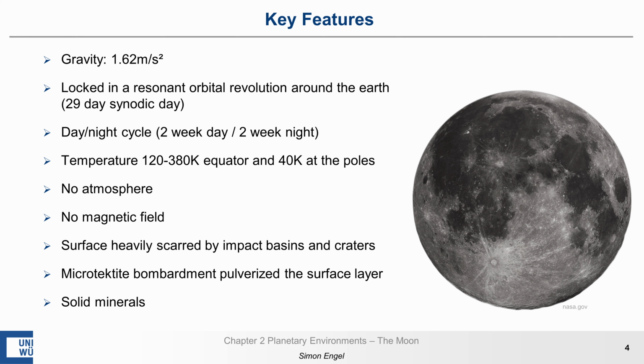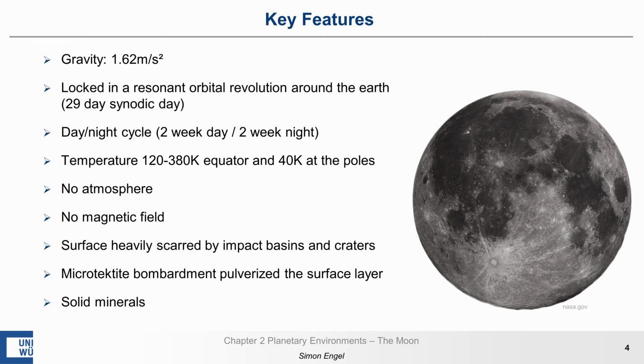First, starting with gravity, the gravity on the Moon is 1.62 meters per second squared, which is pretty low compared to the Earth's gravity. Also, the Moon is locked in a resonant orbital revolution around the Earth that equates to the Moon's axial spin.